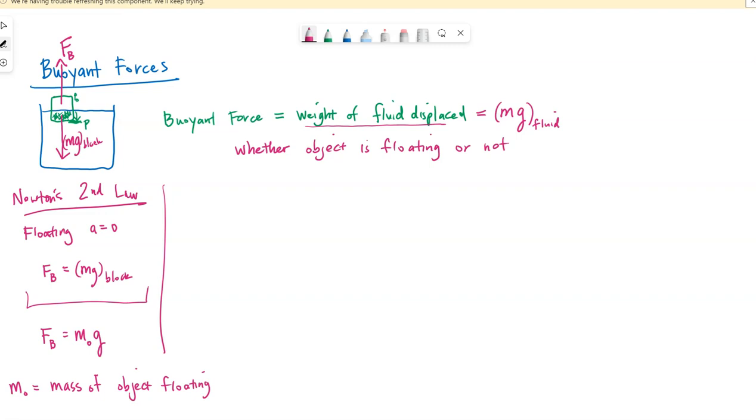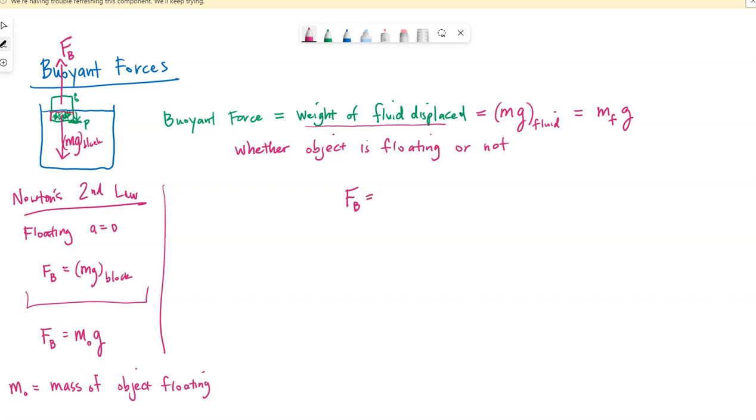And that buoyant force will always equal the weight of the fluid displaced. I'm going to write this mass sub F for the fluid, and then g. So, mass of the fluid.